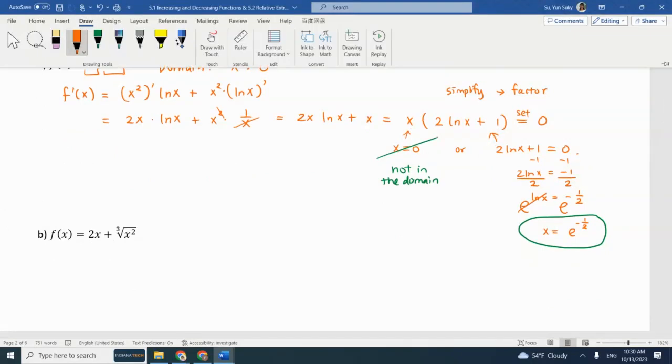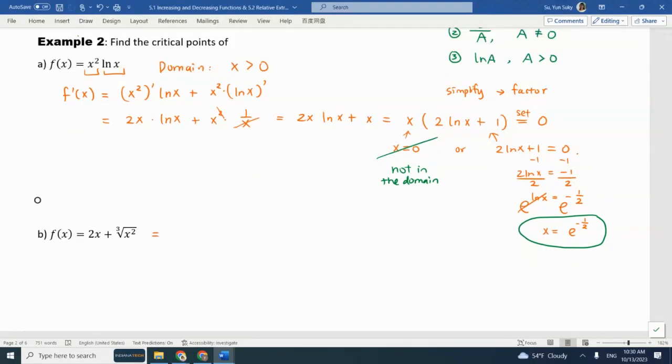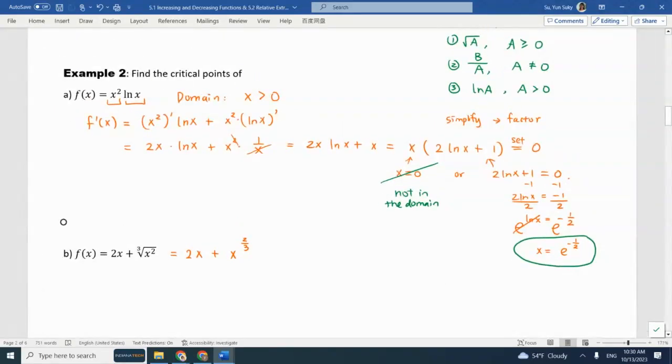When I see cube root, I want to make it into the standard form, right? So this is x to the exponent 2/3. Do we have a restriction on the cube roots?